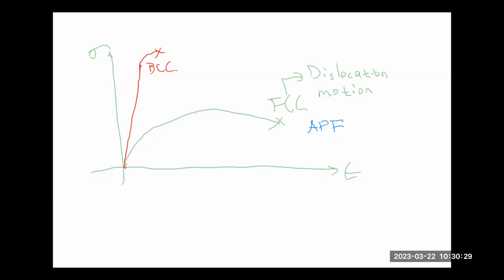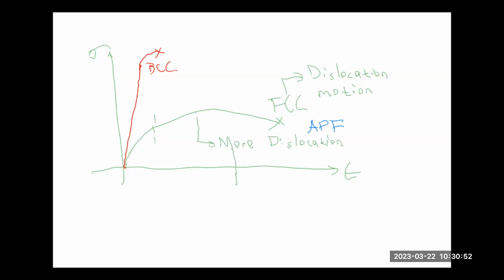So the main answer is, for FCC, think about the plastic deformation. We have more dislocation activity, right? And for BCC, we have less dislocation activity.